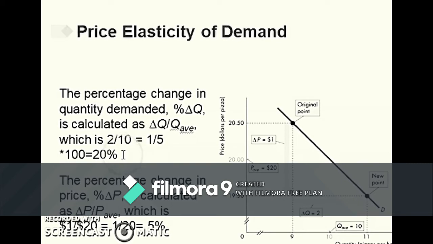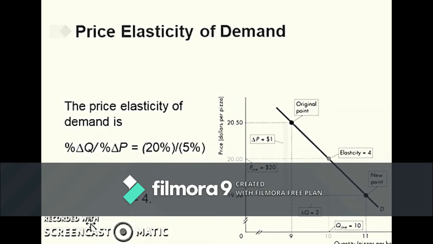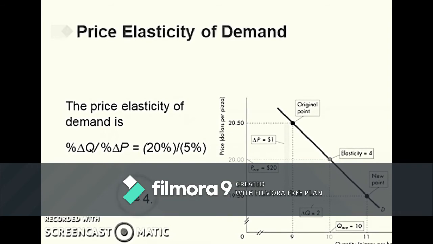So it becomes 20%. Likewise, we calculate the percentage change in price, which equals 5%. We divide the change in price by the average price. So here the price elasticity of demand equals 4.